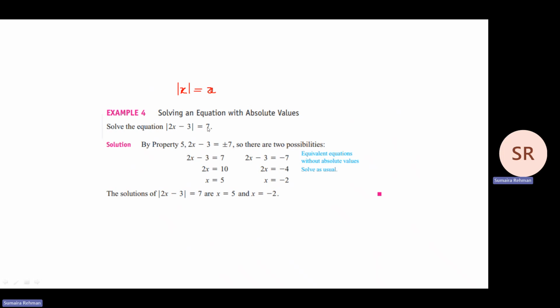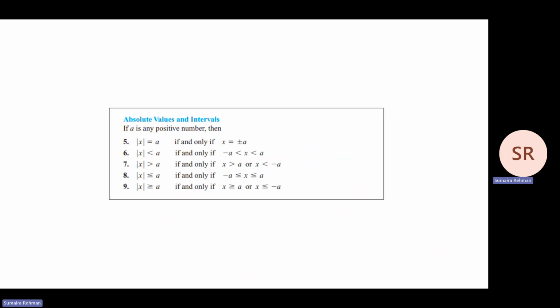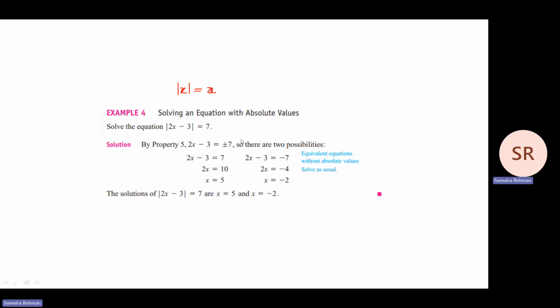So what we will do to solve this kind of problem is take whatever x is. Here x was just the x, and we take that equal to plus minus a. We need to solve this one time with a and a second time with negative a. We need to solve this equation for both of them. So here now a is 7. So we take x, whatever x is, and write that equal to plus minus a.